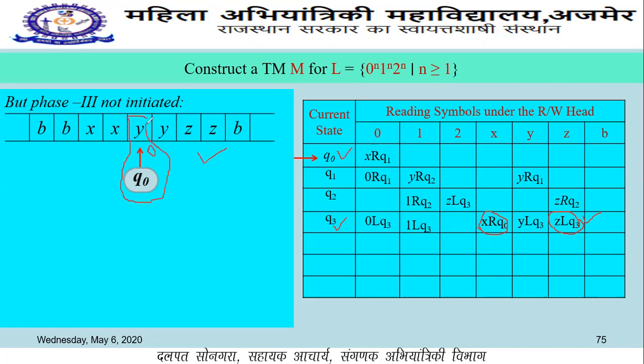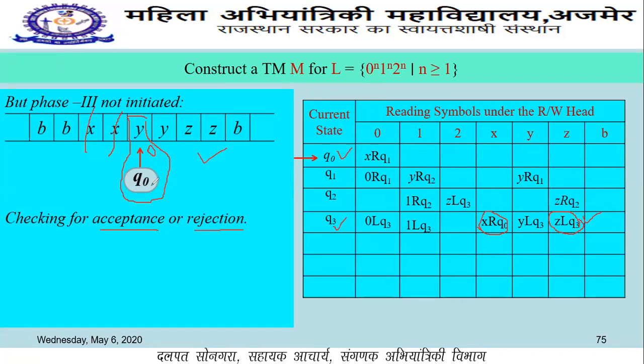So this situation tells us that the next phase is not initiated, and you have to take the decision of acceptance or rejection, because all the 0s are completed and in turn replaced by x. So here we have to check for acceptance and rejection. Therefore the next phase is the checking of acceptance or rejection.